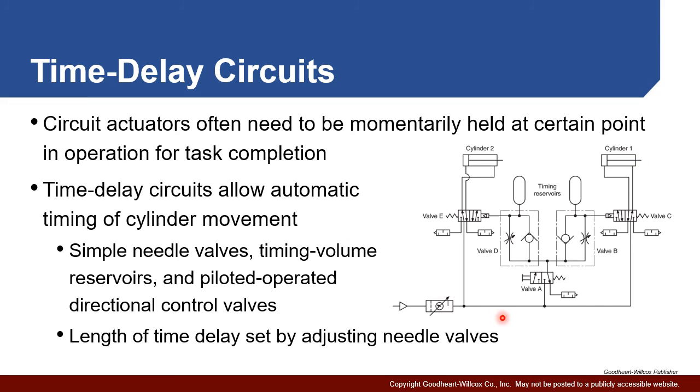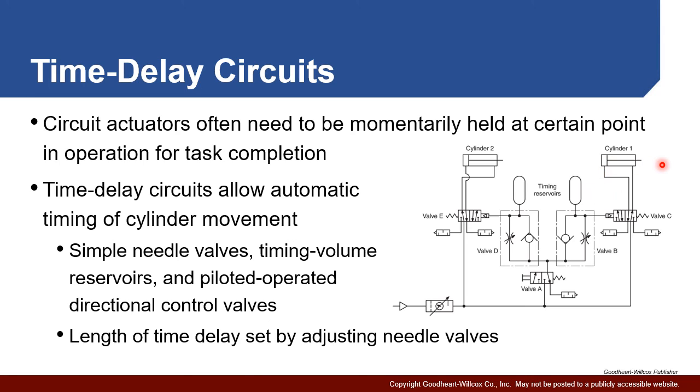So in this case here, the operator would actuate valve A, fluid would come in. In this case here, there would be resistance because it has to go through a flow control valve. On this side, on the other hand, we have the bypass. This would pop the bypass. Fluid would flow in here and allow cylinder 1 to extend, right?